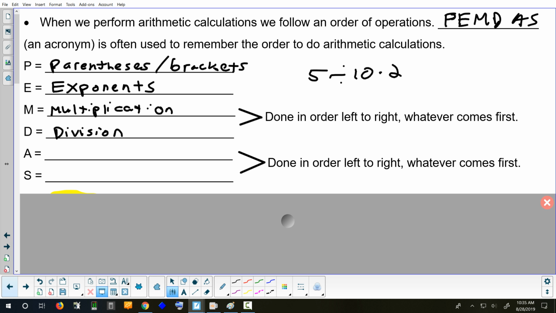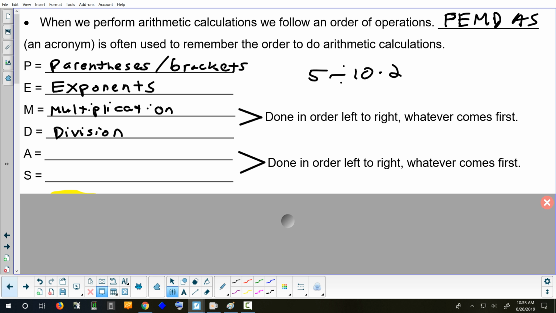So if you want to think of which operations are in control, parentheses are in the most control. They say, get out of the way, you got to do me first. And then exponents are the second ones in control. They say, all right, now you got to take care of me. Multiplication and division, they're equal. You don't have to do one before the other. You just do them in order, left to right. And it's the same with the last two.